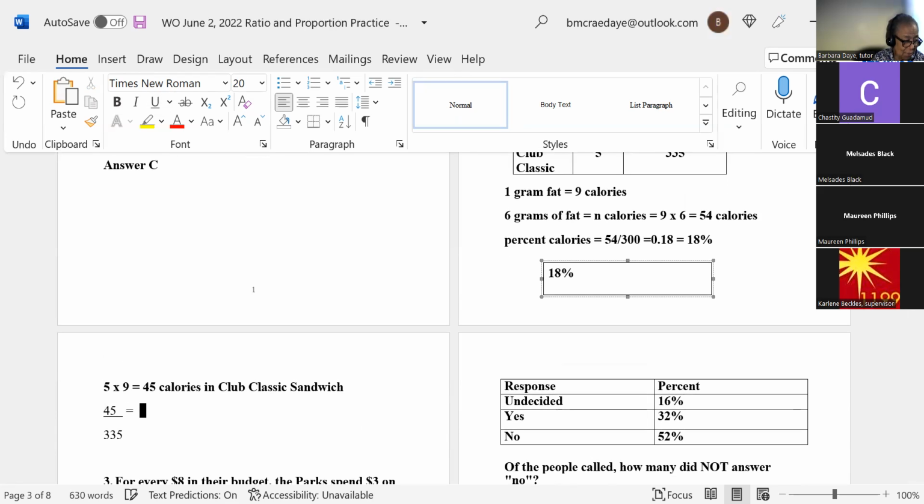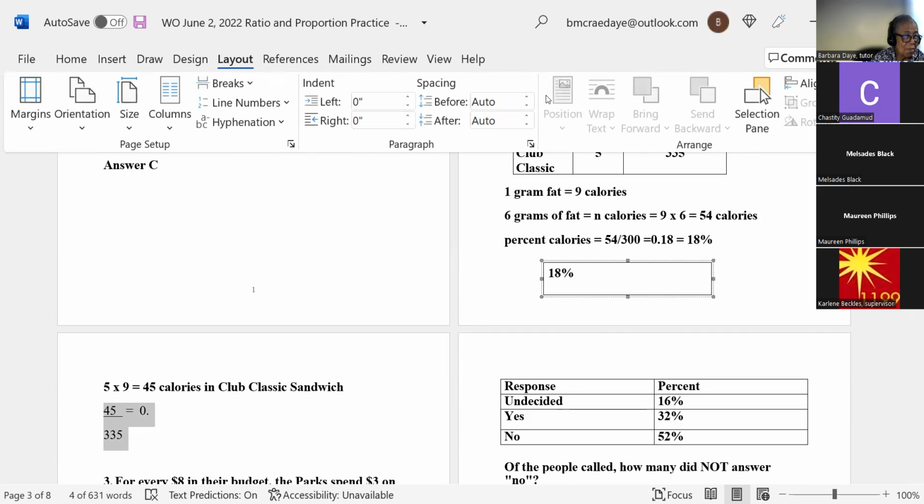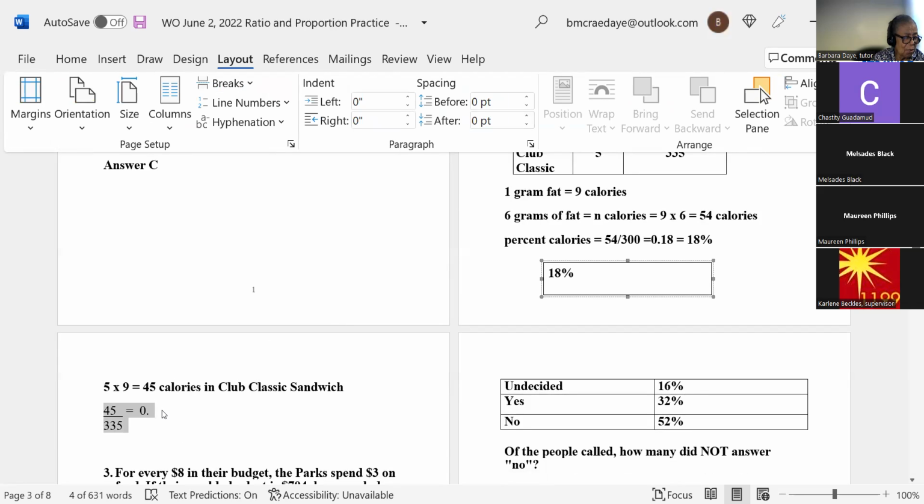What is that percent? 0.8. 0.13. What did you get, Mercedes? 0.134, I could say 13. Yeah, 0.13. How are you getting 0.8, Maureen? It's 0.134, or you could round it, say, 13%.